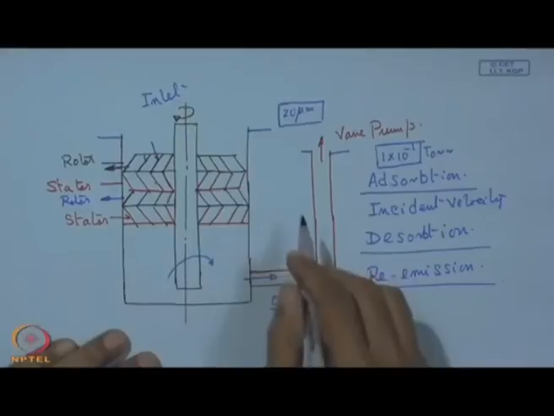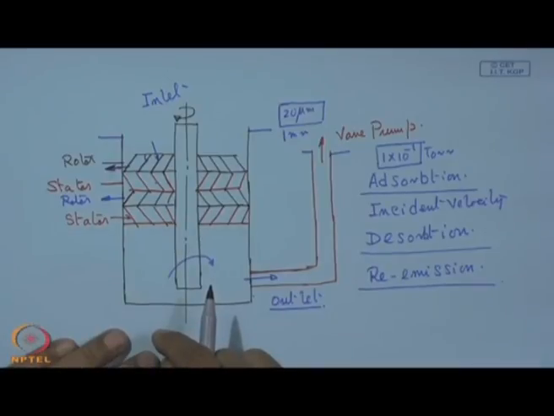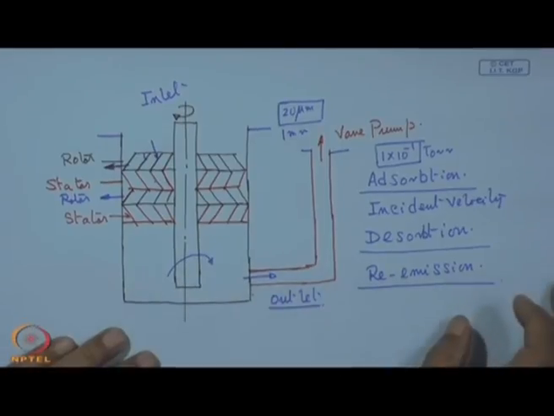So, it was not a very attractive equipment for all ultra high vacuum activity, but with some improvement and modification of this design, this requirement has now been much more liberalized, and a gap of as high as 1 millimeter is now allowed between the stator and the rotor, and that makes the task of fabrication of the pump rather easy, and with that we can have much more extensive use of this pump in all ultra high vacuum activity.